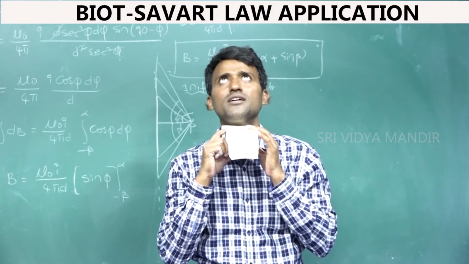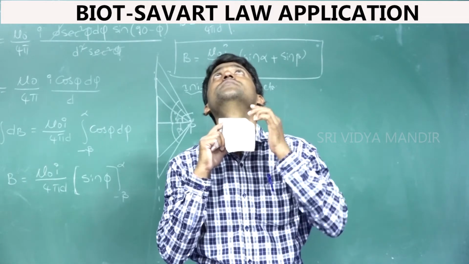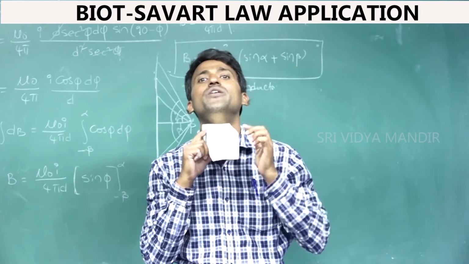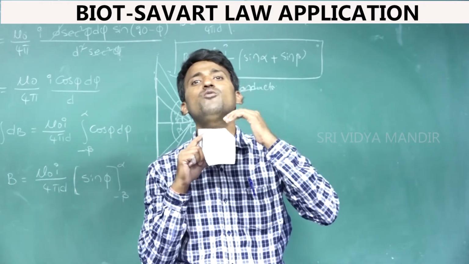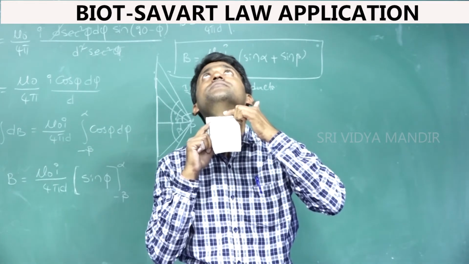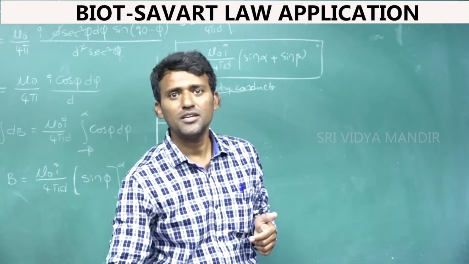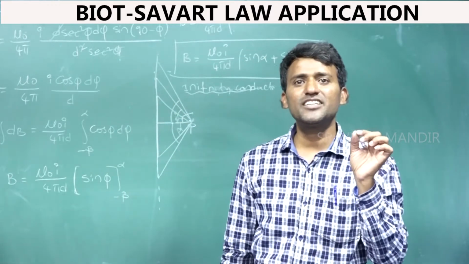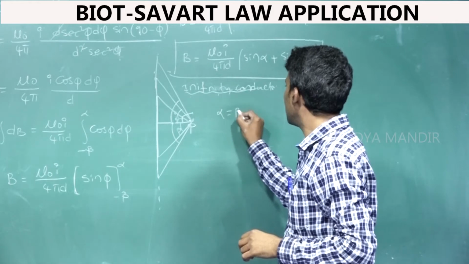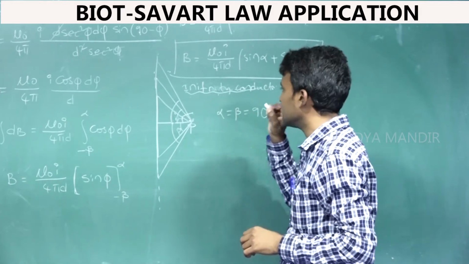When I observe the sky like this, what is the angle? 90 degrees. So when the conductor is at an infinite point, while I am raising my head, the angle is increasing, and at that moment we have to take it as 90 degrees. Alpha is equal to beta is equal to 90 degrees.